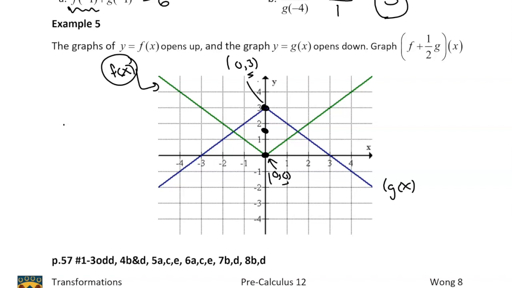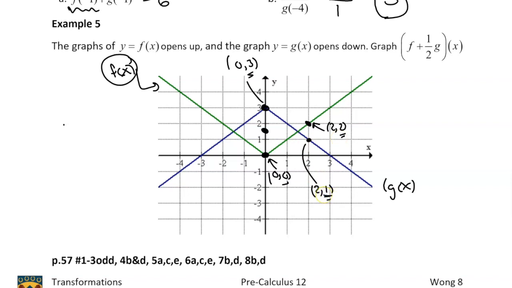Okay, so let's pick this guy here and this guy here. Looking at my f of x function, if I have a y value here of 2, and then looking right here, if I have a y value of 1, I'm going to take my f of x current value, which is the 2, and I'm going to keep this 2 value, and add that with half of my g of x function.